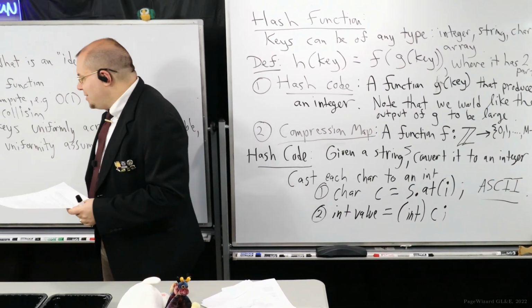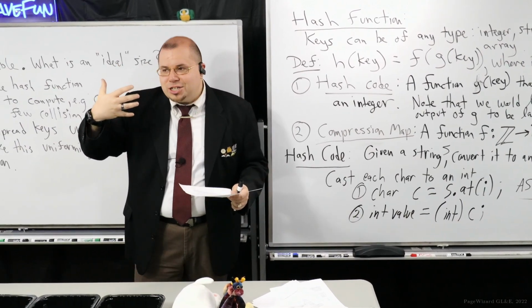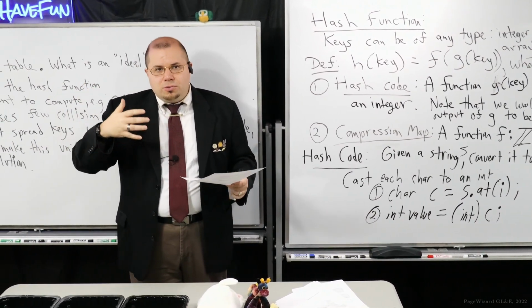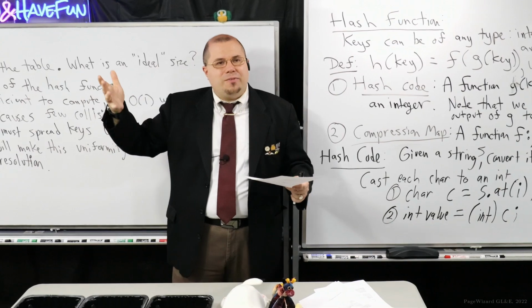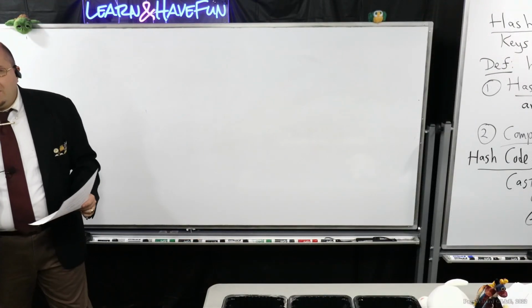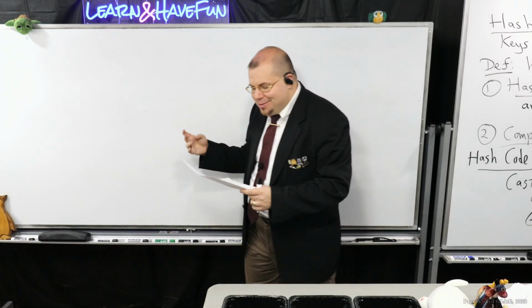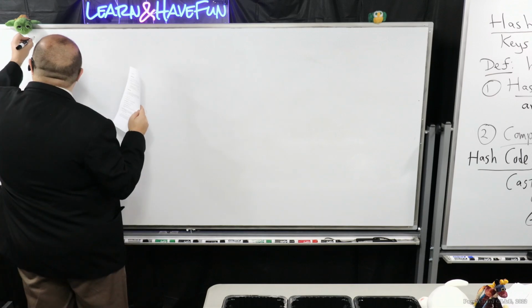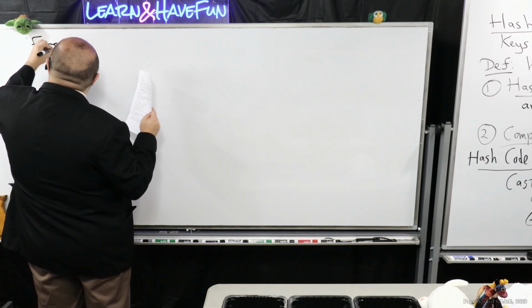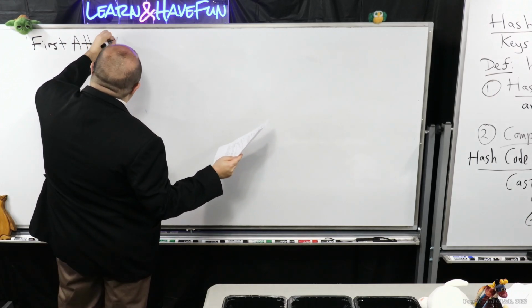So I thought it'd be a good idea we just start thinking about how we would come up with a hash code that tries to improve upon issues that we may have if we get collisions. So I thought we would start off with one of the more basic things you can try to make a hash code, and we'll see what we can think about this. So consider this a first attempt. This is like the first thing you may try doing after I just described what we had here.